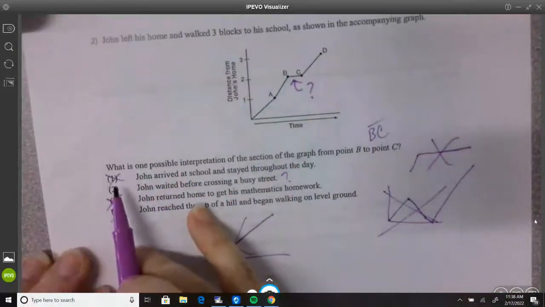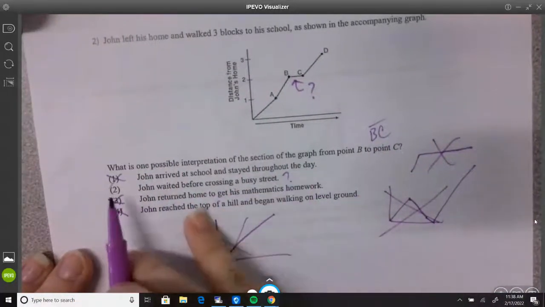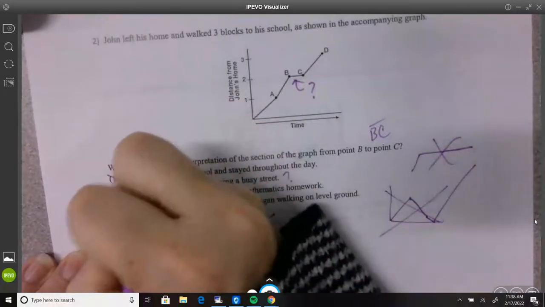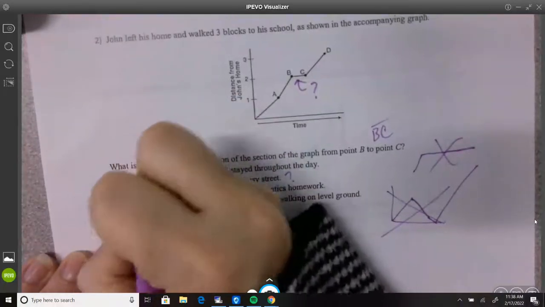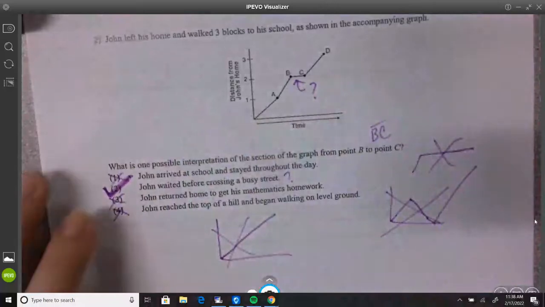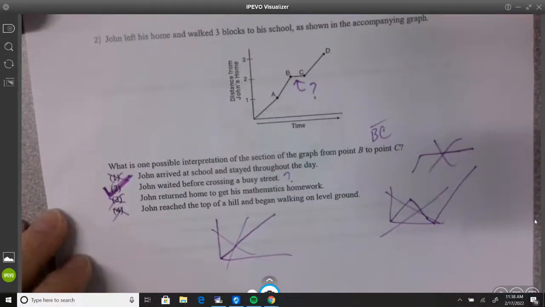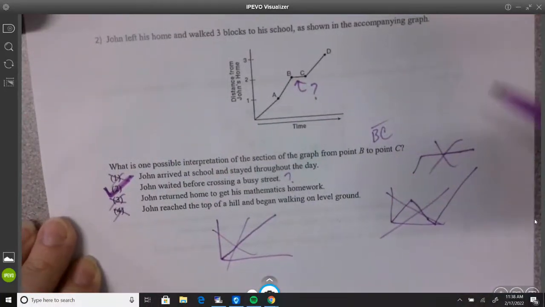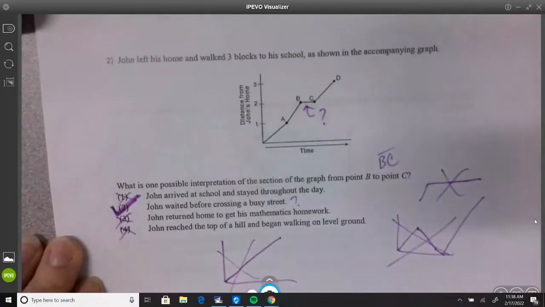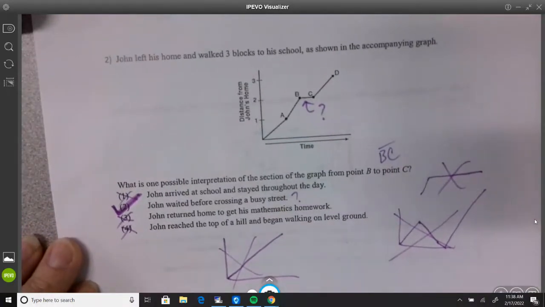So that looks like number 2, that possibility earlier, that's going to be our answer right here, number 2. So all you're doing with these charts is going through them, identifying the pieces, what could possibly have happened.